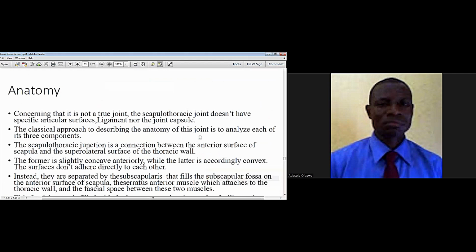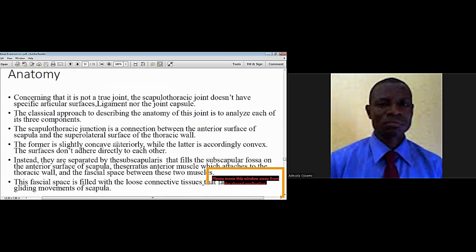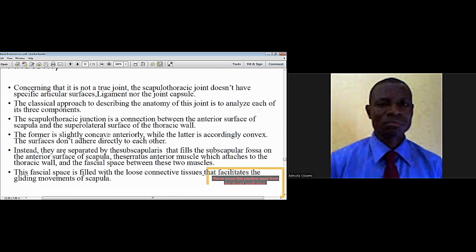The classical approach to describing the anatomy of this joint is to analyze each of the three components: the scapulothoracic junction, where the flat surface of the scapula is resting on the ribs, the anterior surface of the scapula and the superior lateral surface of the thoracic cage. The scapula is resting on it.